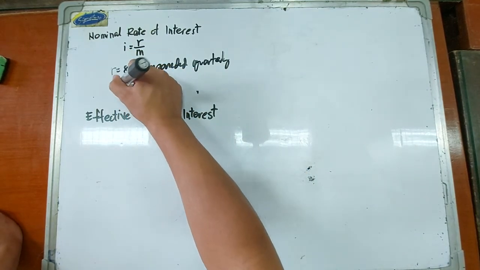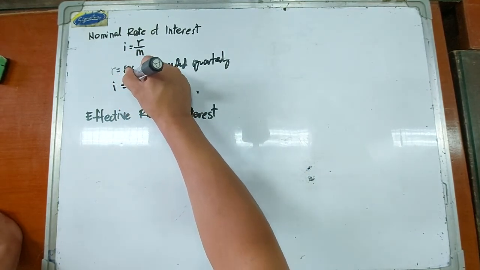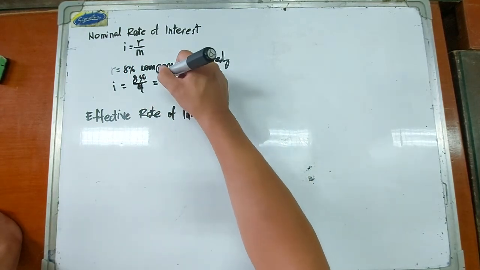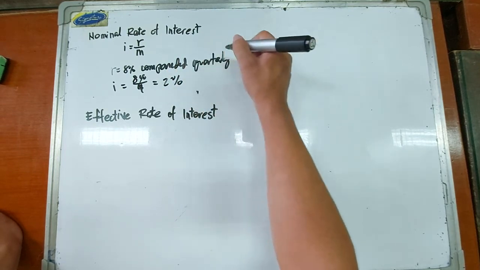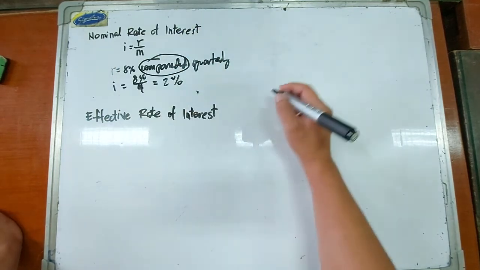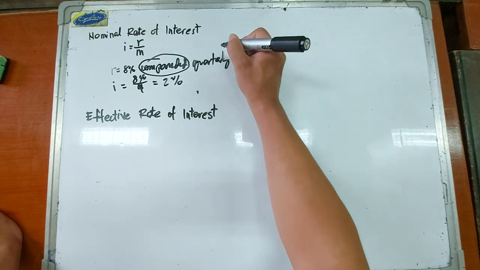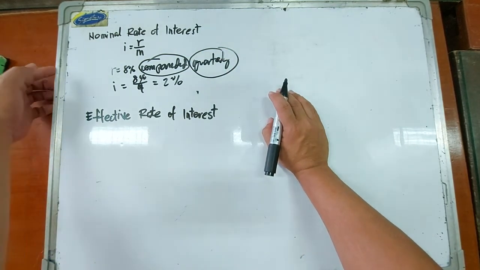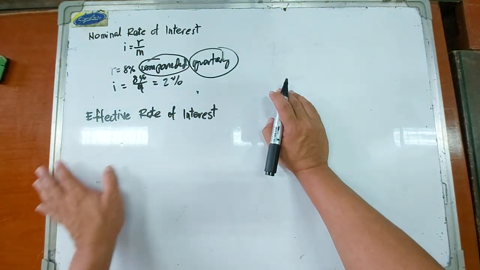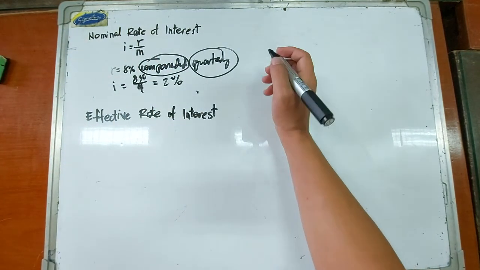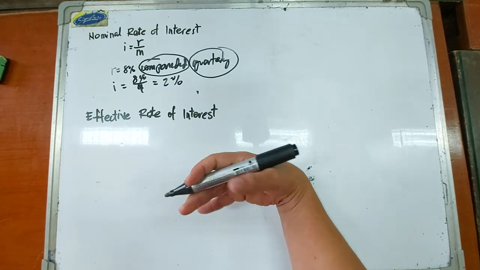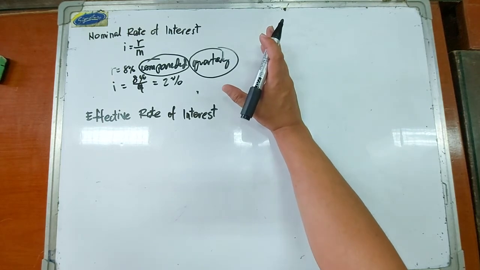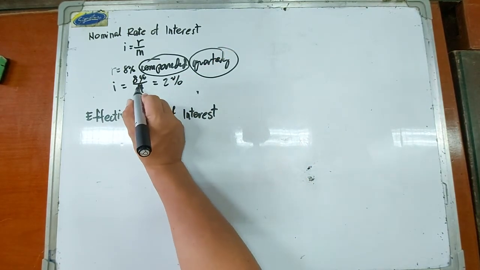Then the interest is equal to 8% over 4. So the interest then is equal to 2%. When compounded quarterly, 2%. So when we say quarterly, we are speaking about 1 year. So quarterly means 4 times a year. It is compounded 4 times a year. So we divide it by 4.